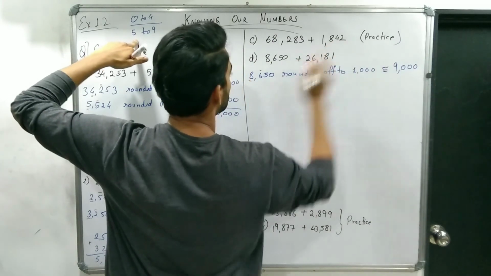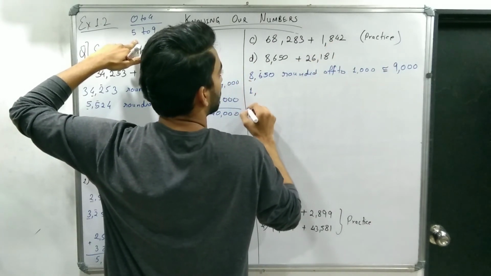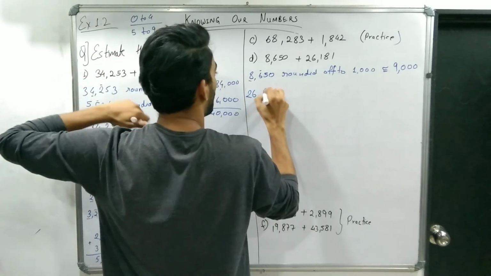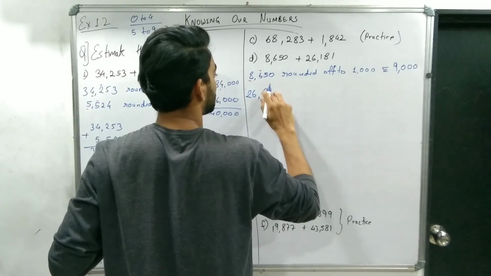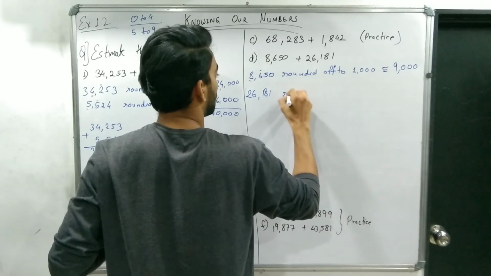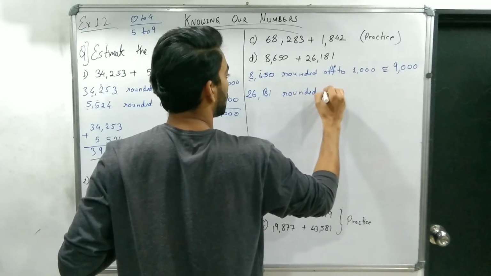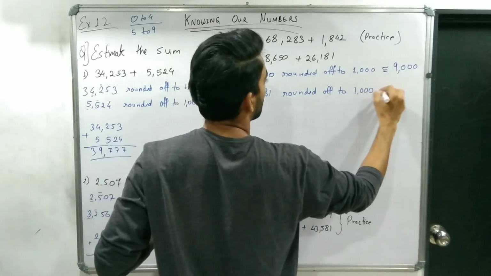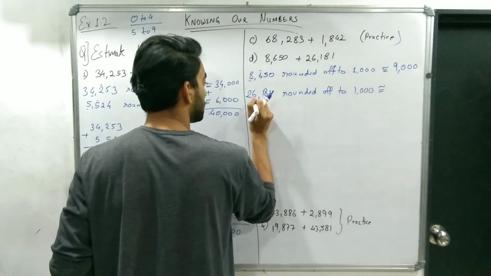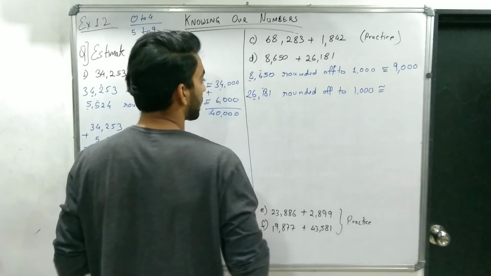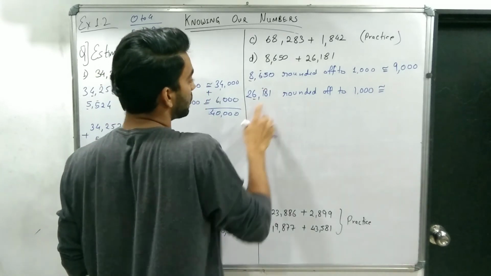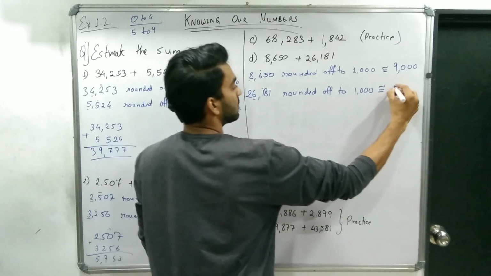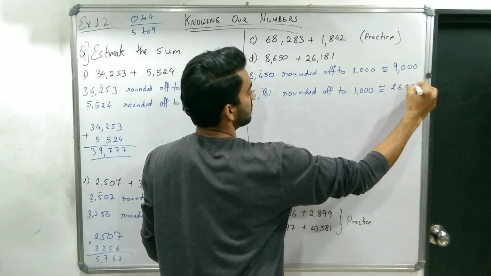And this number, 26181, will be rounded off to 1000. The thousands digit is this and this is the hundreds place digit, which is in the first group, so there is no change here, it will become 26,000.